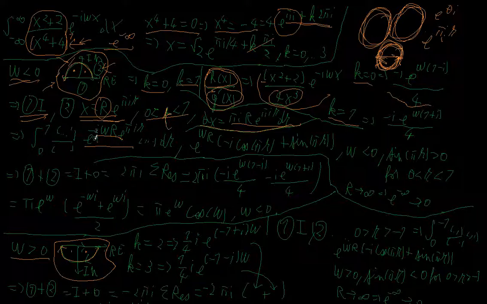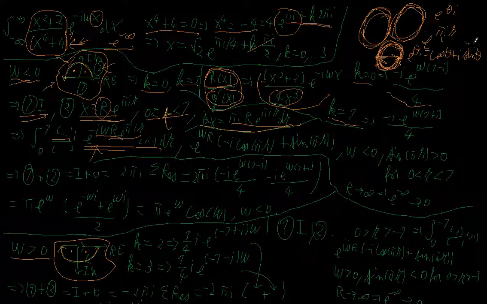So here we have e to the minus i omega r e to the pi i t, so this r e to the pi i t is our x here. We can rewrite everything else, but that's not really important, because we're going to focus on this exponent inside an exponent. Now we know that e to the theta i can be written with Euler's formula, equal to cosine theta plus i sine theta.